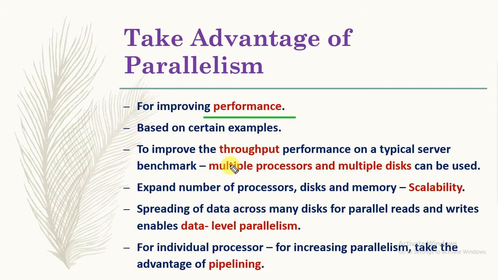In order to improve the throughput performance on a server benchmark, we can use multiple processors, and by using multiple processors we can execute multiple tasks. We can also use multiple disks for huge data processing.